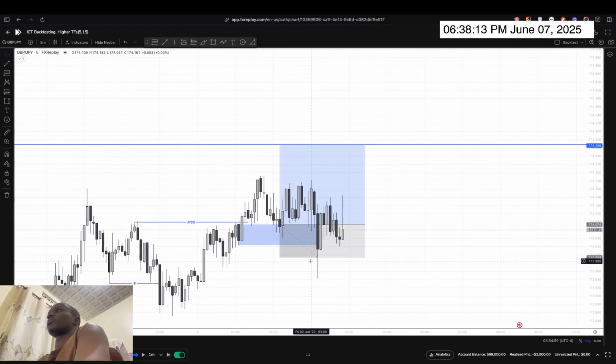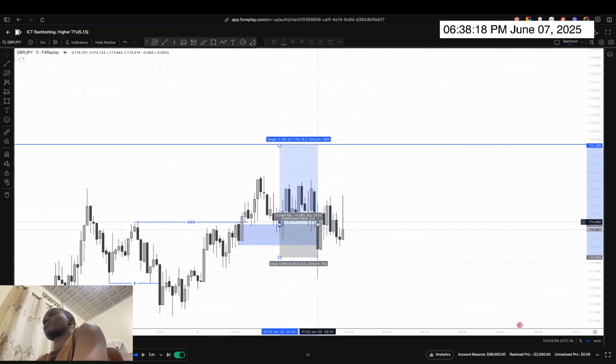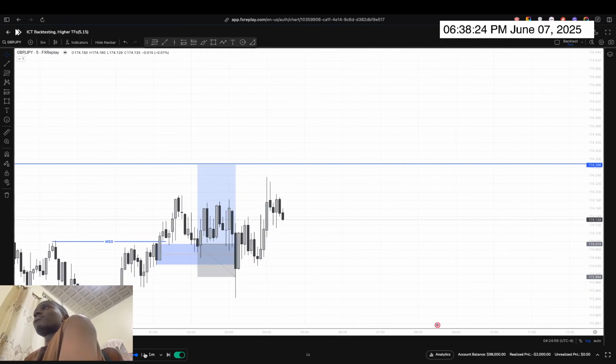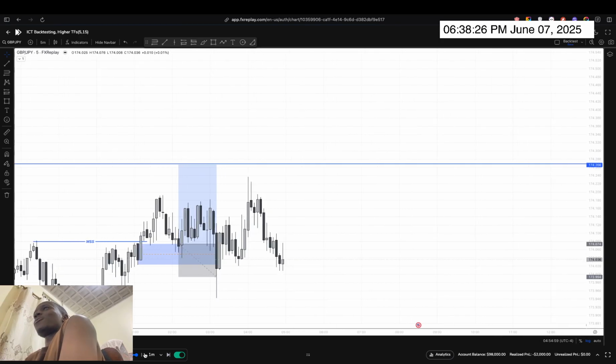Yeah, we were stopped out, unfortunately, but I can't say that this was a bad trade, not at all. So let's see if we take out that level, because I think we will.